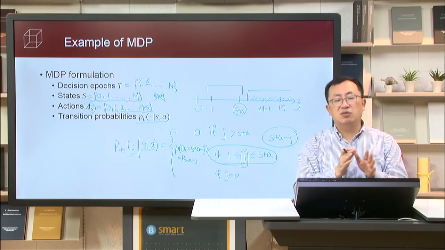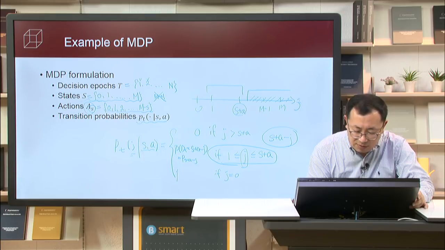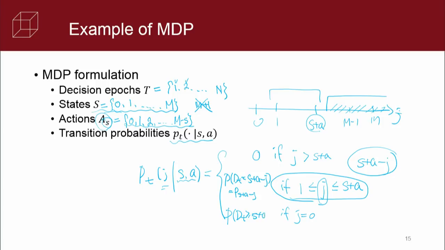So this transition probability is equal to the probability that demand is greater than or equal to s plus a. Or you can say the sum over j from s plus a up to infinity of p_j, right? So that is the transition probabilities in this case.